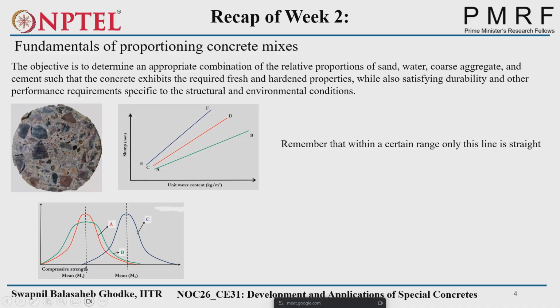Can anyone please tell me what difference you observe between A and B? Are these two plots exhibiting the same characteristics, the same target mean strength and the same standard deviation, or not? I'm asking about A and B. Will they exhibit the same target mean strength or different?